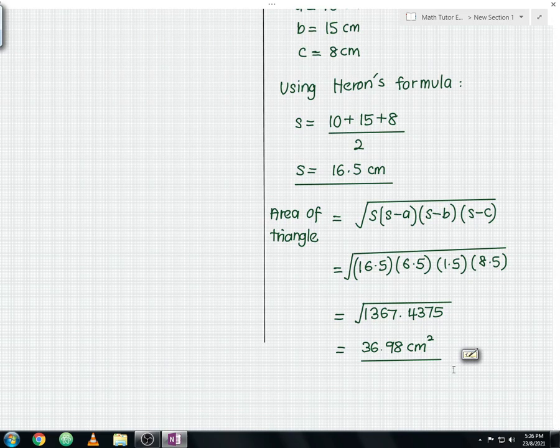Once we are able to find the area of triangle 1 and the area of triangle 2, now we are able to find the total quadrilateral area. That will be our final step in solving question A part 3.